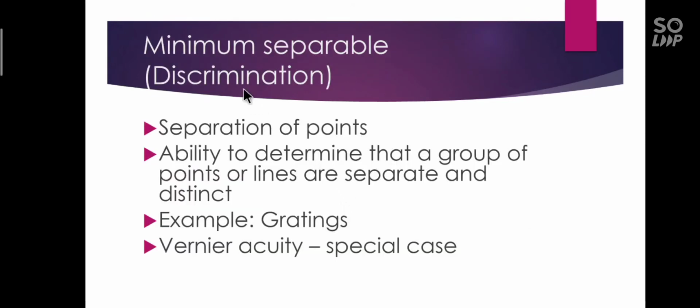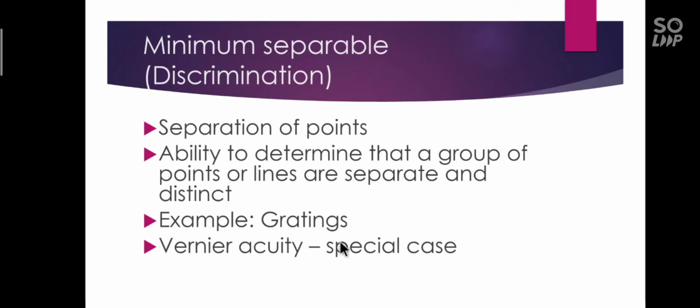Next is minimum separable, otherwise called discrimination. It is the ability to see the separation of points. That is, ability to determine that a group of points or lines are separate and distinct. When the eye is presented with 2 points or lines, it should be able to resolve and see the points as two and not as a single point.